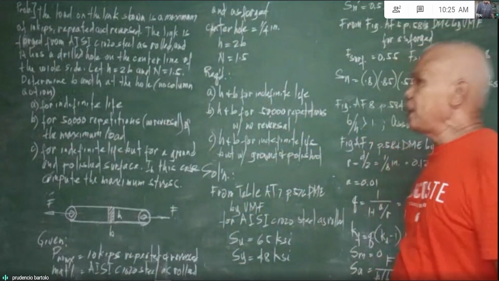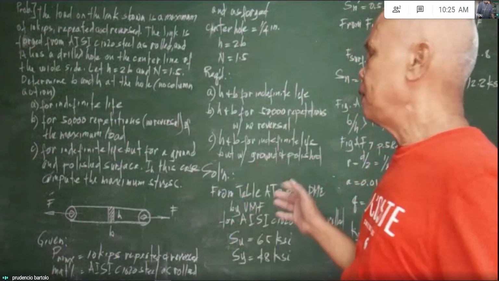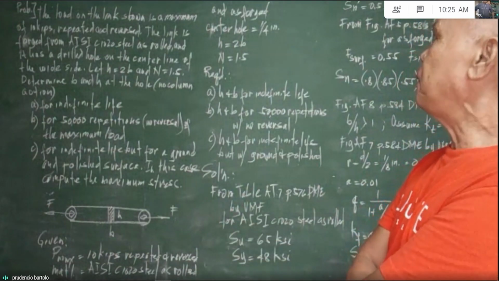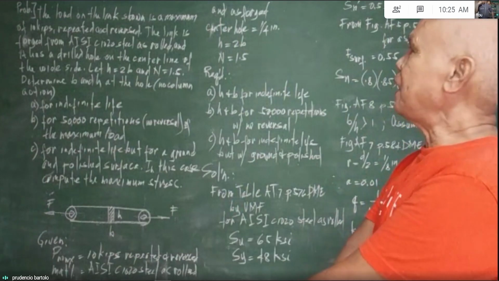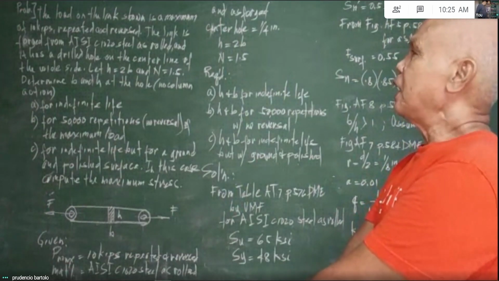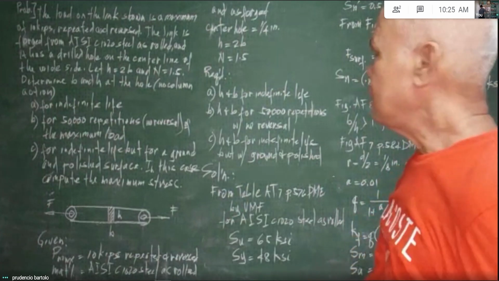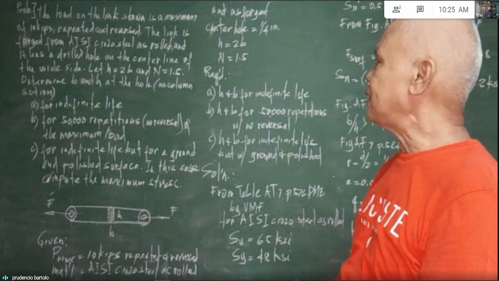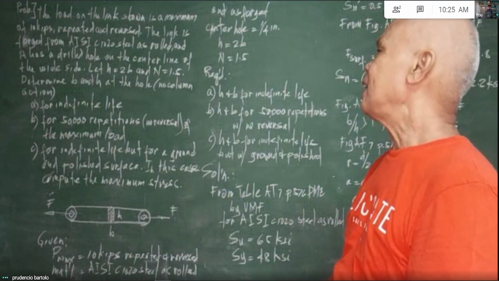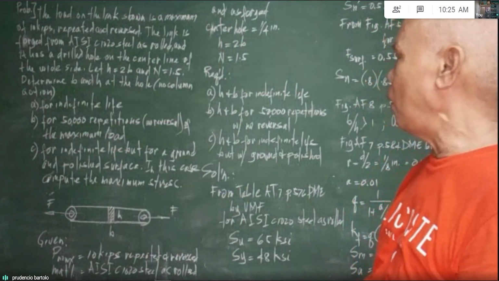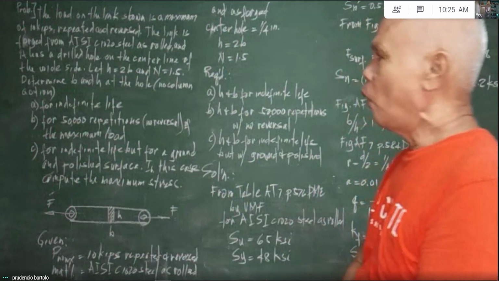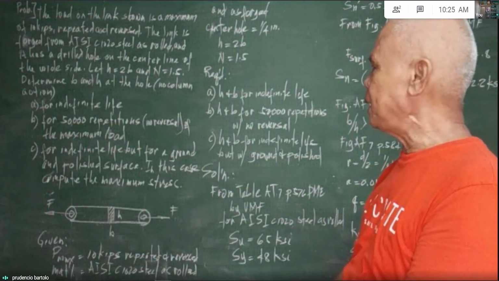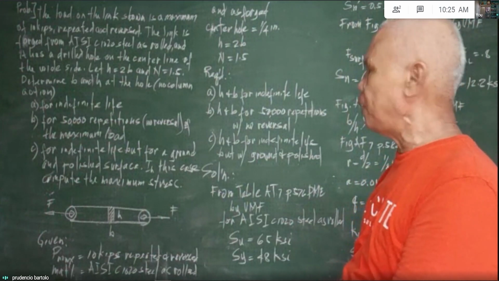So we have here a problem which involves stress concentrations. As stated, the load on the link shown is a maximum of 10 kips, repeated and reversed. The link is forged from AISI C1020 steel, and it has a drilled hole on the center line of the wide side. Let X be equal to 2B and N equal to 1.5.